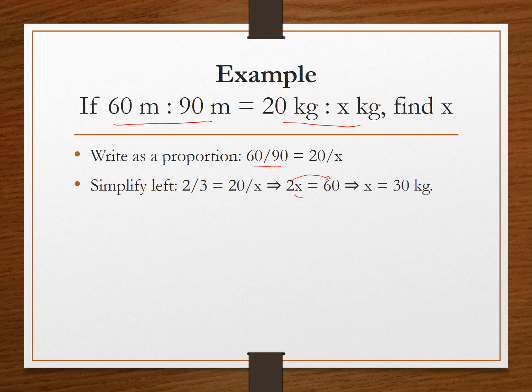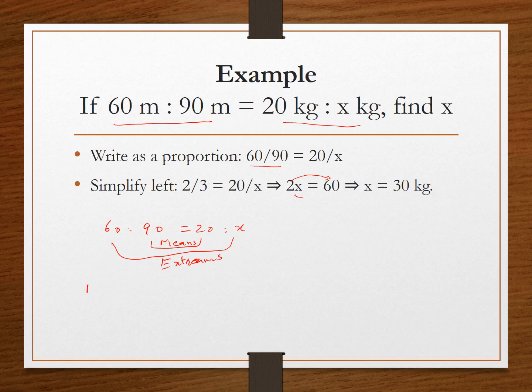Students, we can solve this question by using the formula product of extreme is equal to product of mean, as 60 ratio 90 is equal to 20 ratio x. So these two terms are mean and these two terms are extremes.